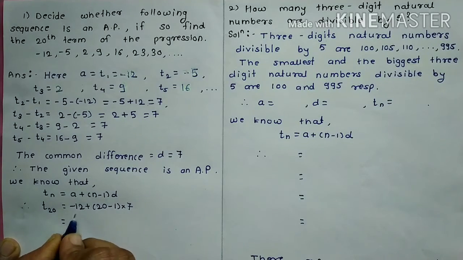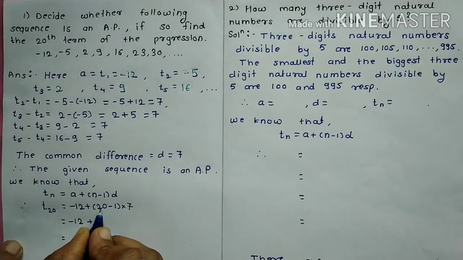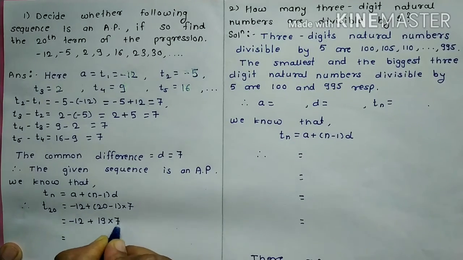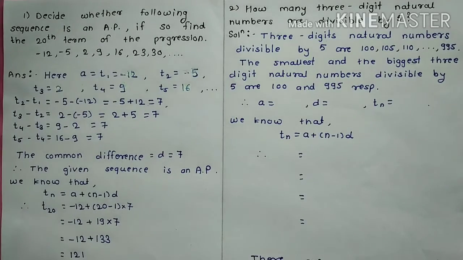Now simplify. Minus 12 plus 20 minus 1 is 19 into 7. Minus 12 plus 19 into 7 is 133. Minus 12 plus 133 is equal to 121.